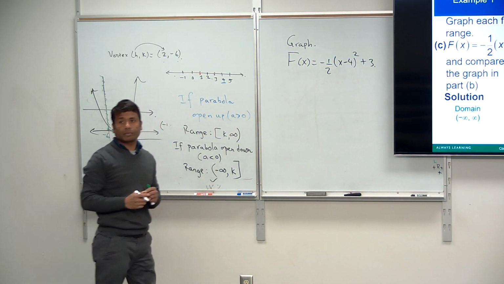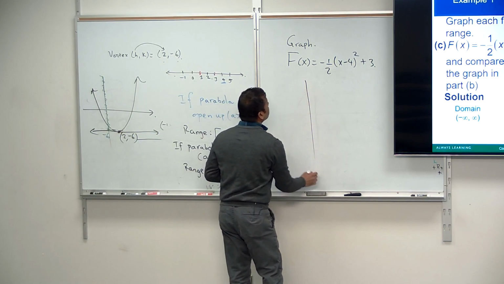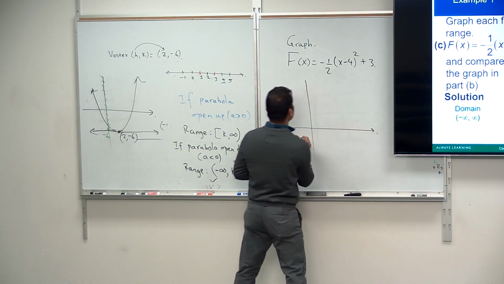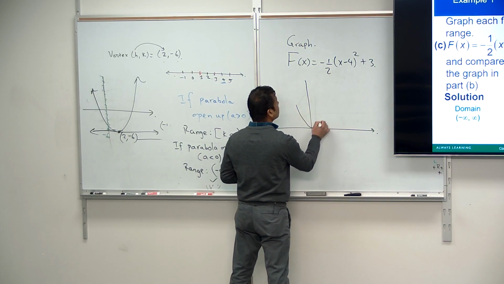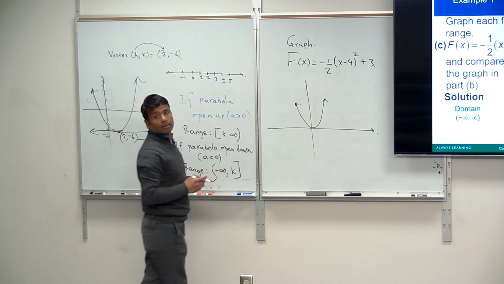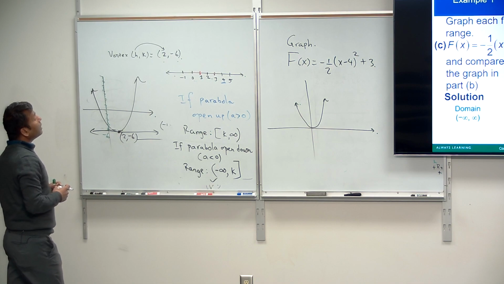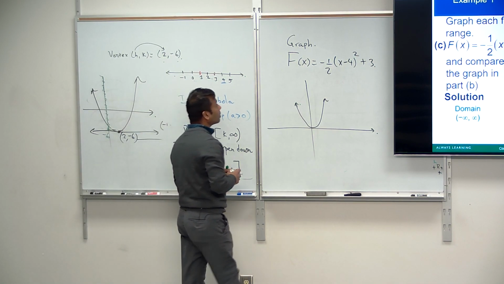Okay? So what you need to know is the graph of the basic function f(x) = x^2. It looks like what? This. Is that right? So this is your f(x) = x^2.